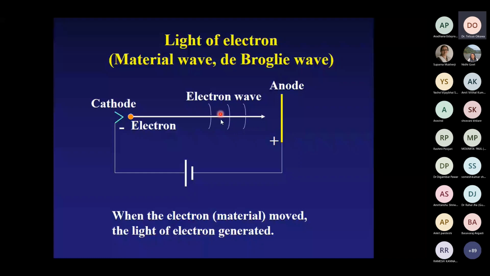In this situation, the electron does not change into the wave. The wave is generated, but the wave and the electron both simultaneously exist. Even when the electron wave is generated, the electron can also arrive at the anode. Momentum is also kept.